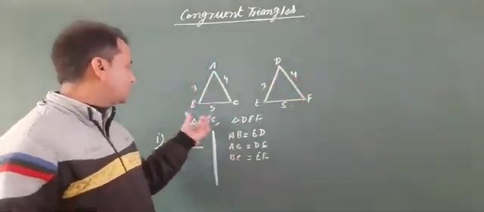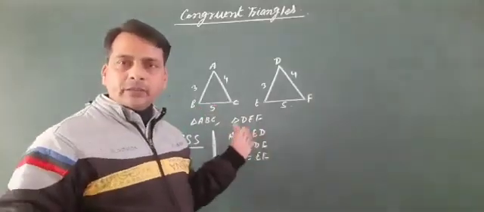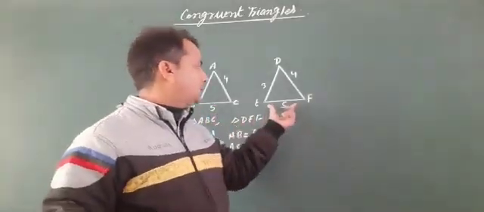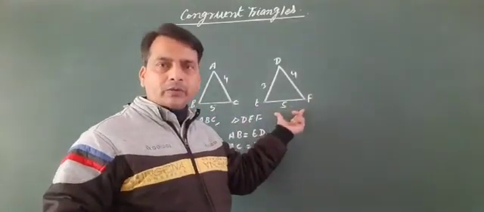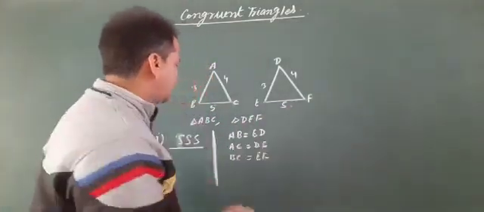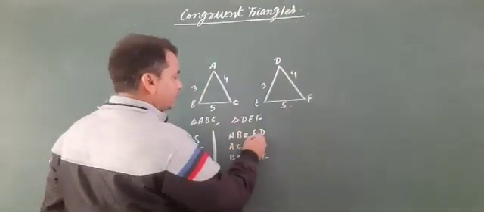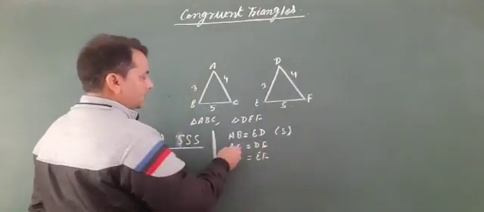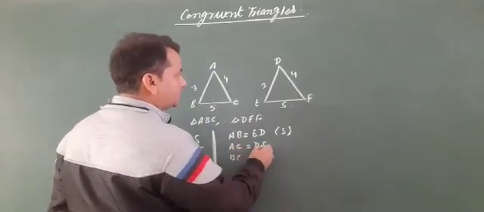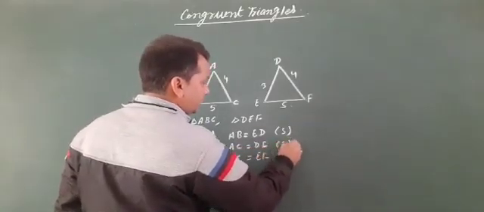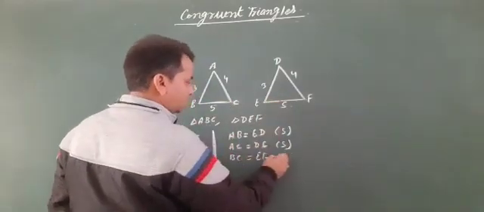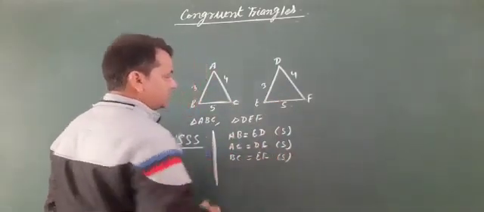Now the third side BC is given here 5 centimeter, and the length of EF equal to 5 centimeter. So here AB equal to DE, that is side. Next is AC equal to DF, here also side, and BC equal to EF, that is side.